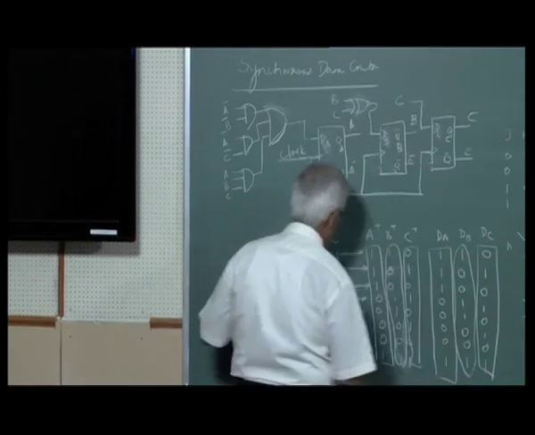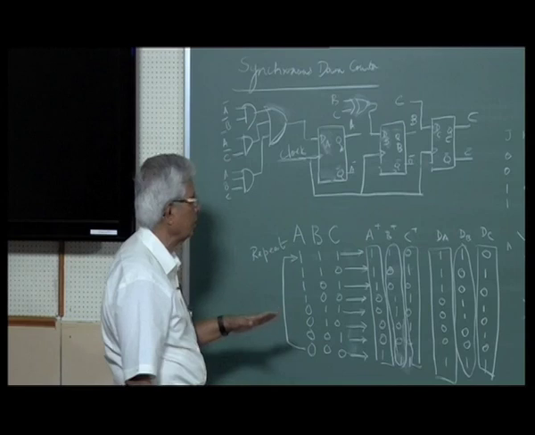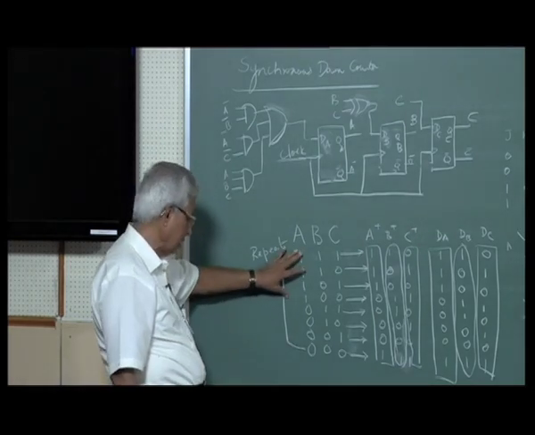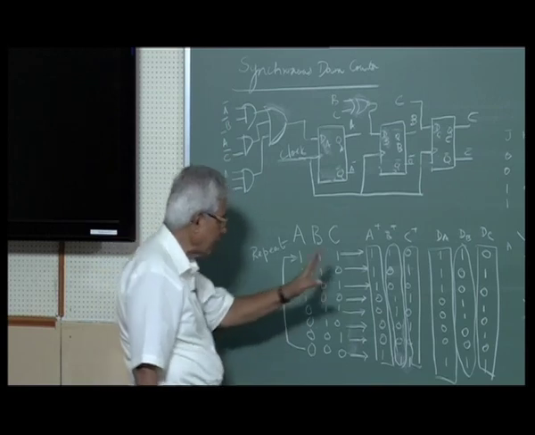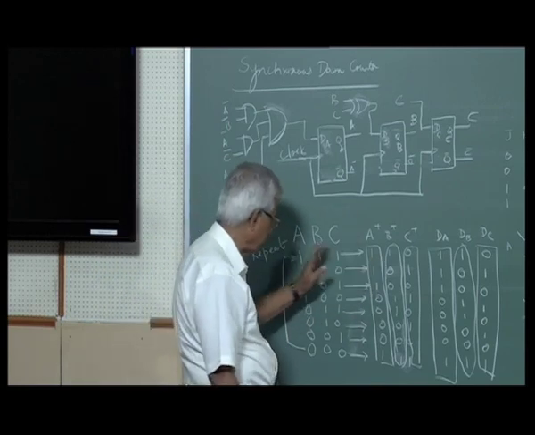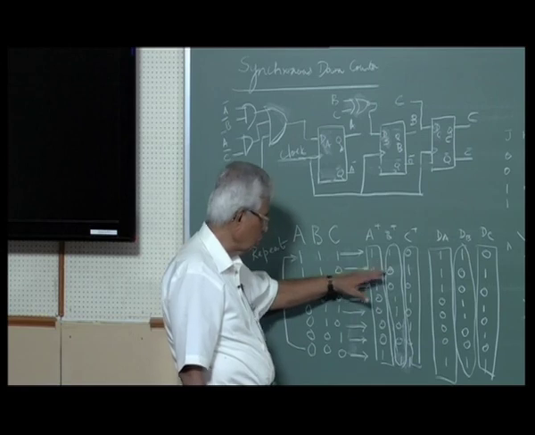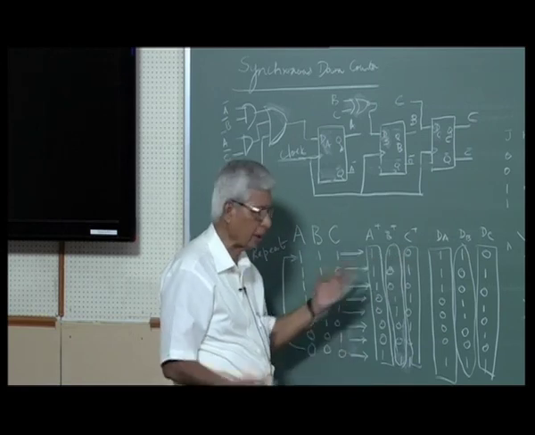This is very simple to demonstrate: all I need to do is write the table, write the order in which you want the counting, and then write the next states for each one of them, and then you do the DA, DB, DC or whatever.